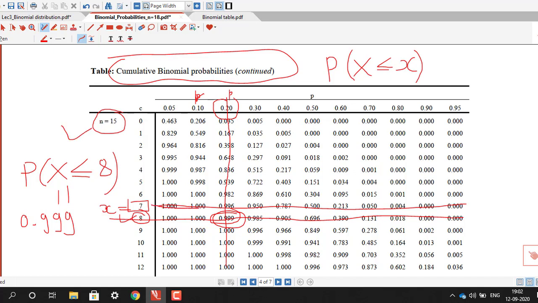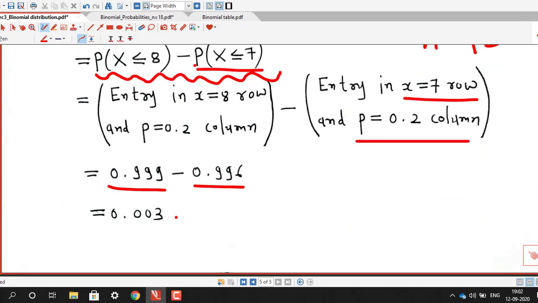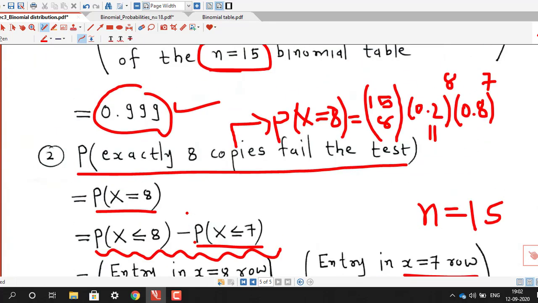So you can see intersection is 0.996. So x equal to 7 row, p equal to 0.2 column, under n equal to 15. So the corresponding value is 0.996. Okay, we obtain that probability that capital X is less than or equal to 7 is 0.996, this one. Okay, so that we put here and we find that probability is 0.003.